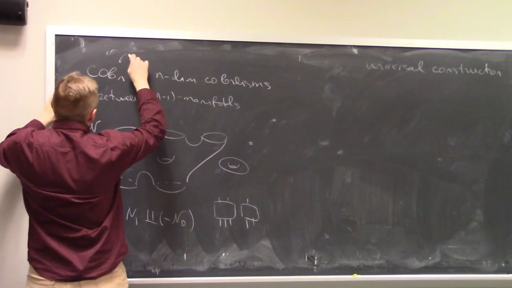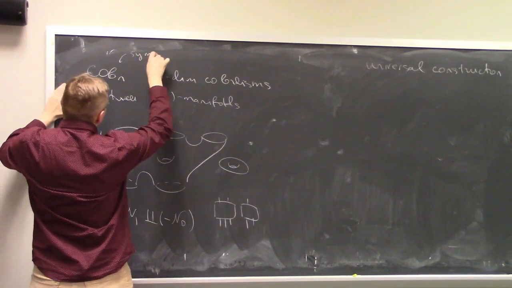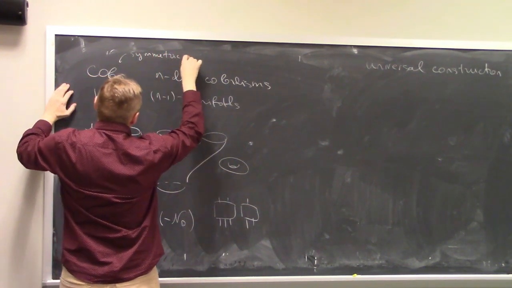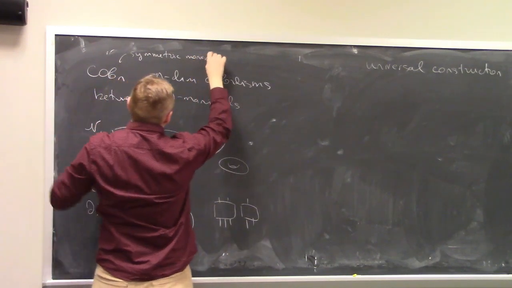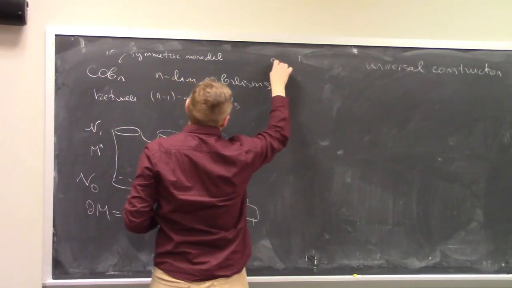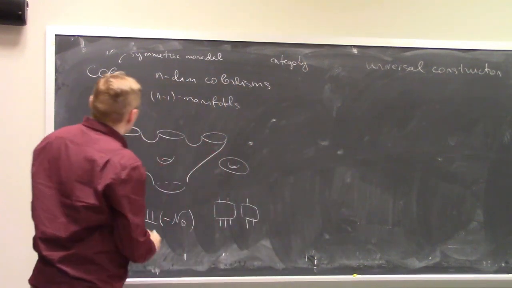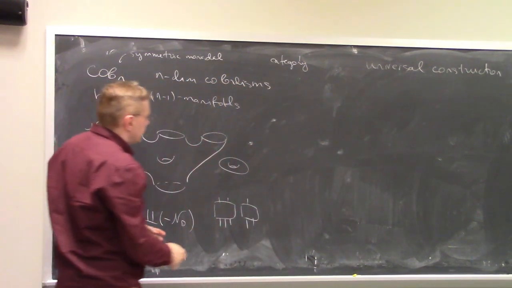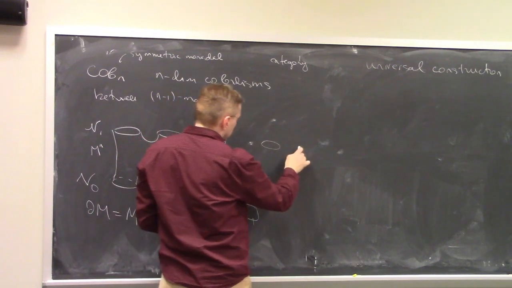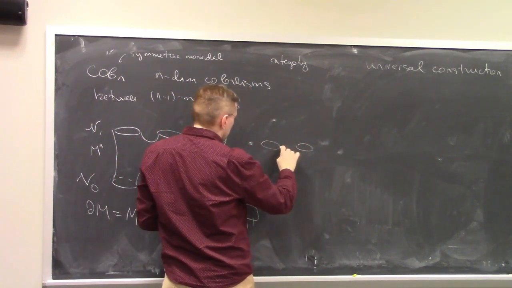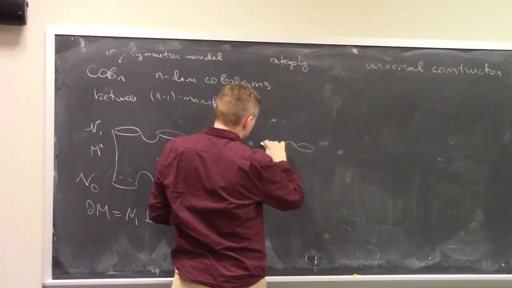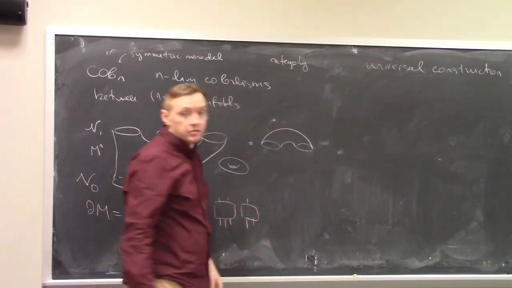So it's a symmetric monoidal category. It's also rigid in the sense that for every object, there is the dual object. You can just flip this object to the other side.